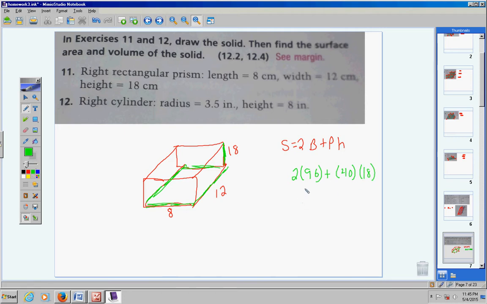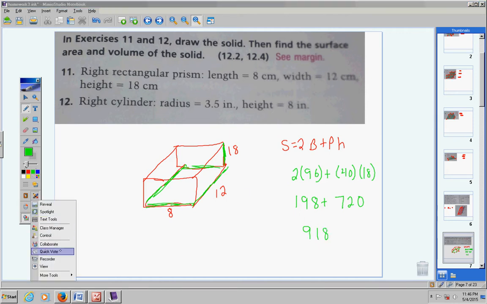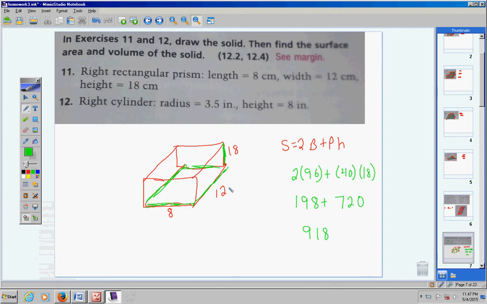So, what do we get? 198 plus, and then 40 times 18. 720. 918. I really feel like I made a mistake on this. And I'm back, students.